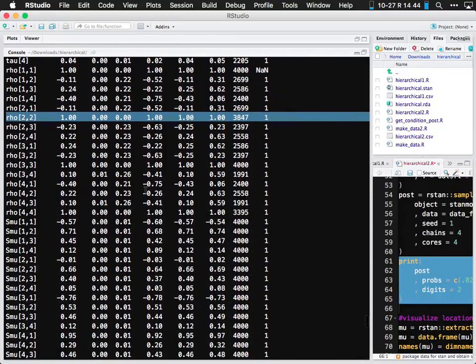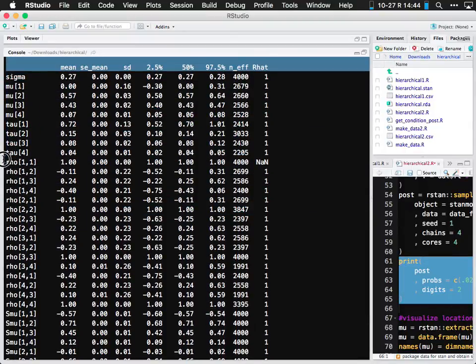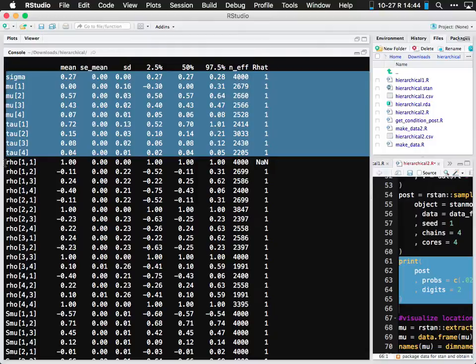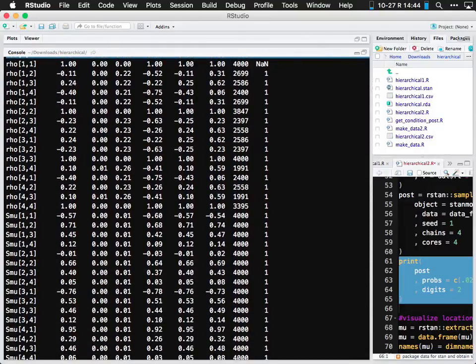Again, we can ignore sigma, mu, and tau, because we have unz'ed versions of those further down. We would want to look at rho because those encode the potential correlations. So rho 1,2 is the correlation between the overall intercept and the main effect of session.